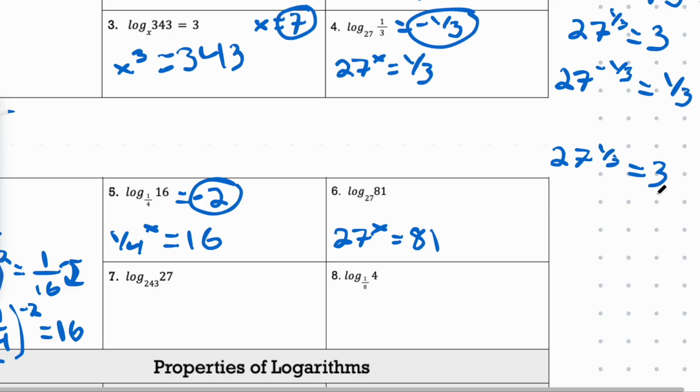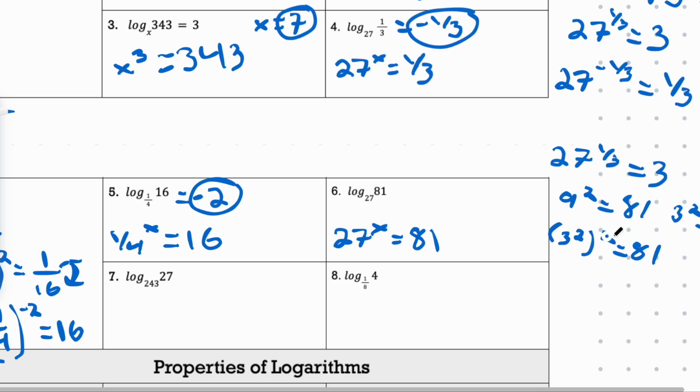Now I want to go from 3 to 81. Well, I know 9 squared equals 81. I also know 3 squared equals 9. Well, why don't I just plug this 3 squared in for that 9? So I say 3 squared, all squared, equals 81.